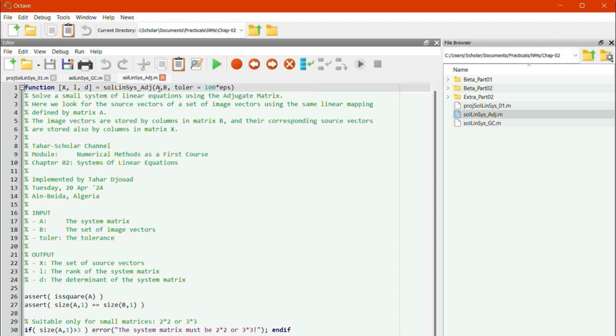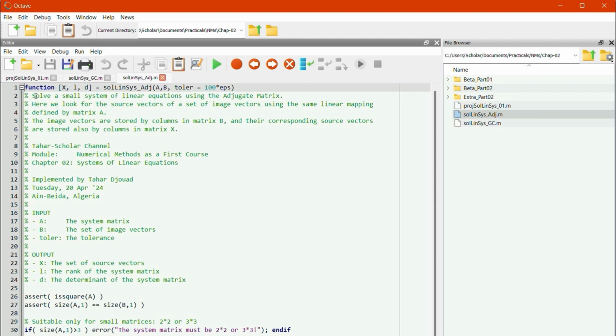We have as input A and B, and the tolerance. B contains the images by columns, and as output, X, big X, is a matrix containing the answer of the system, or the source vectors, by columns corresponding to the images given as input.